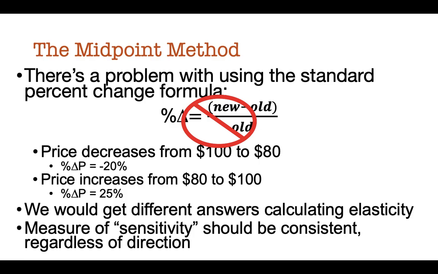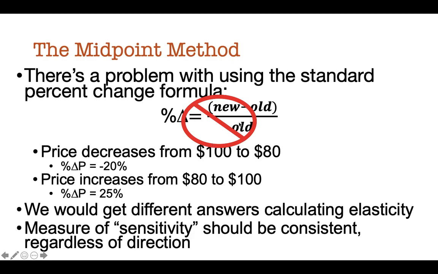So when we're calculating with elasticity, we create percentages using something called the midpoint method, and it is not the standard percentage change formula. This is the standard percentage change formula. It's pretty much what you use to find the percentage change in any variable, except for elasticity. That's going to be our exception here. The reason is because it would create weird percentages.